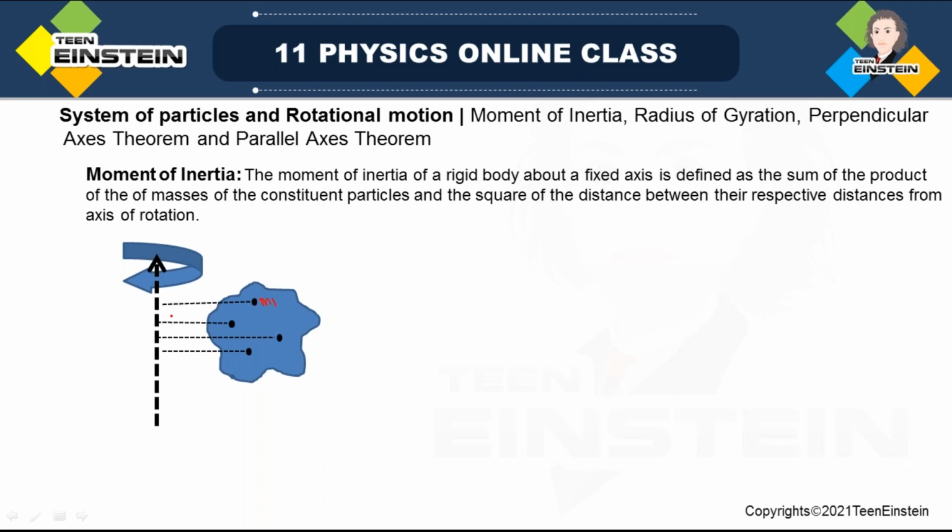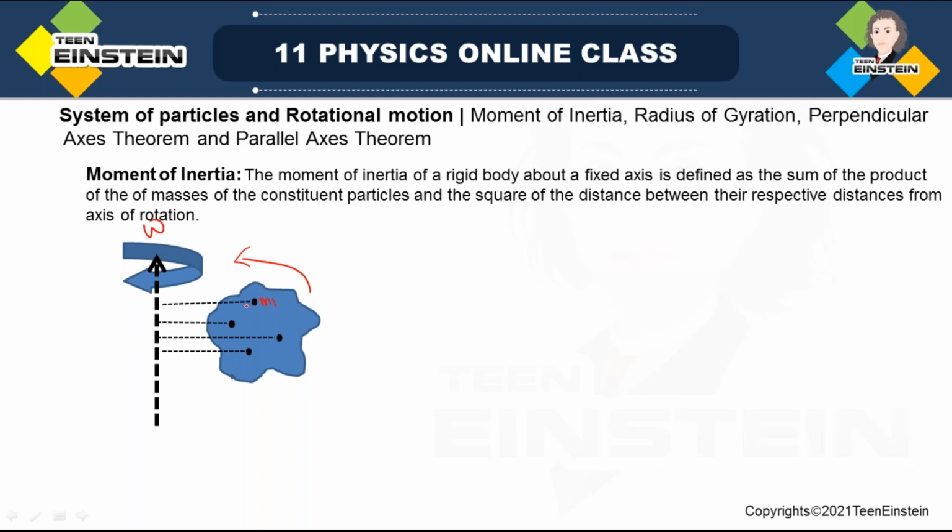This object is moving with respect to a particular axis, which is outside the rigid body. Suppose it is rotating with some angular velocity, like this, with respect to this axis.